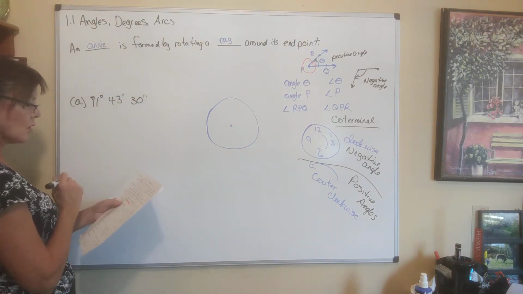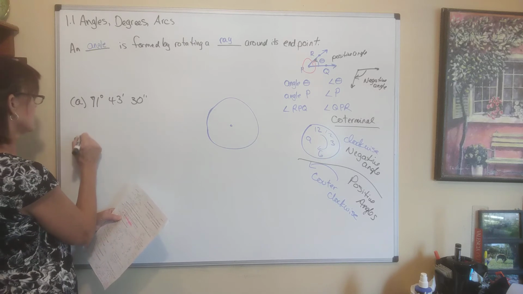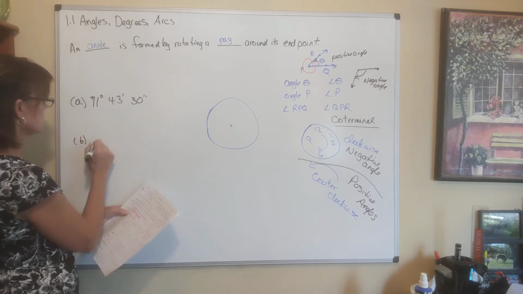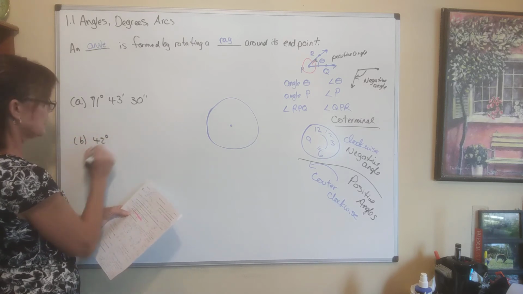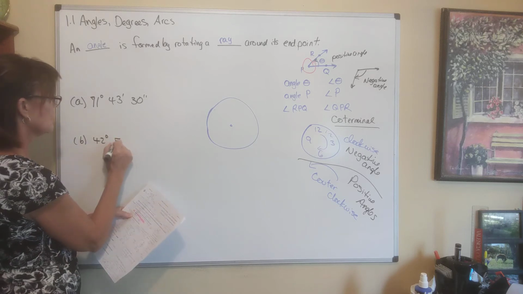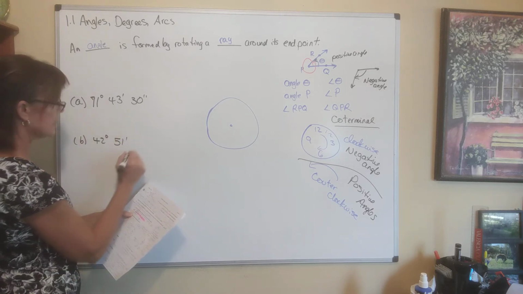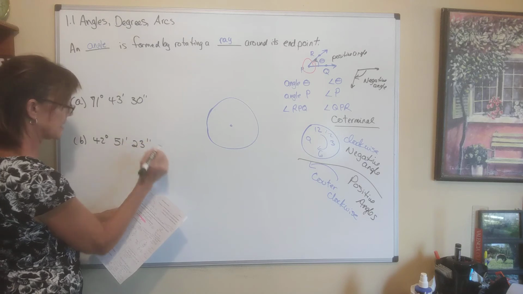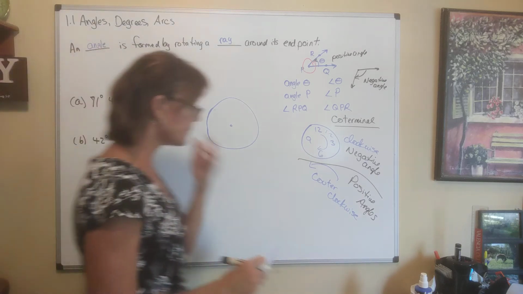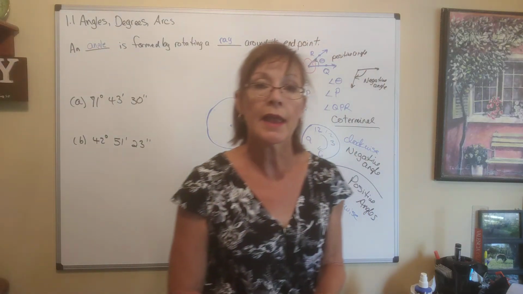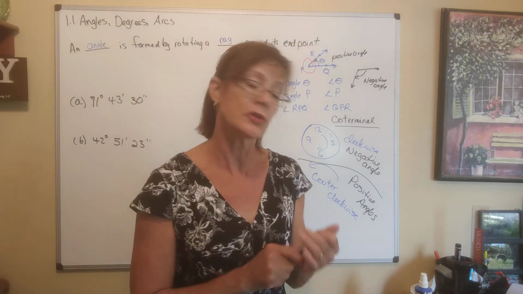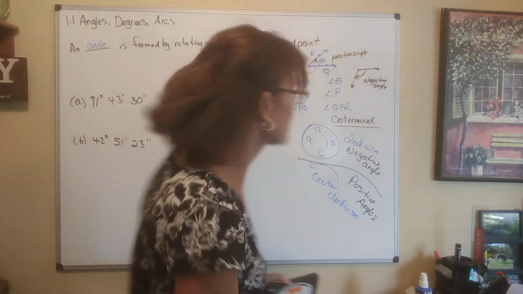And then the second one we have is 42 degrees, 51 minutes, and 23 seconds. Okay, let's convert that. You could do it by hand like we did before, or you can use your calculator. I'll just use my calculator.